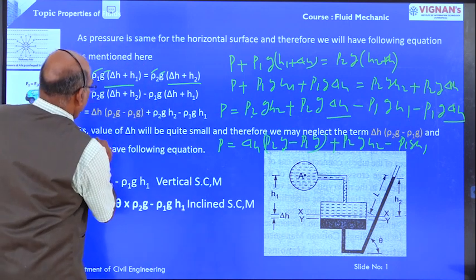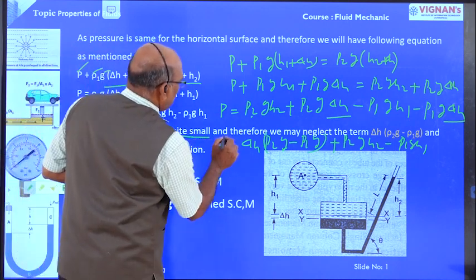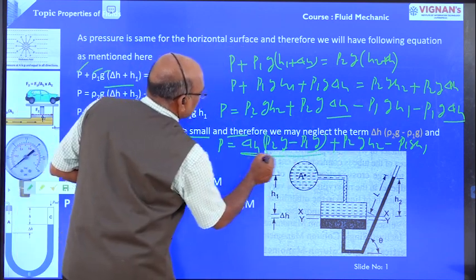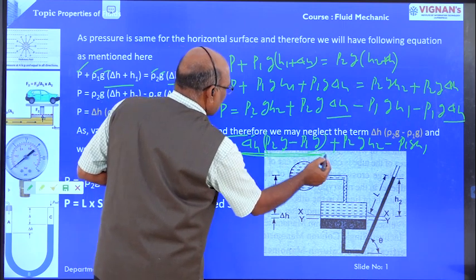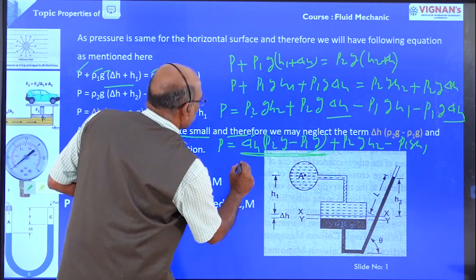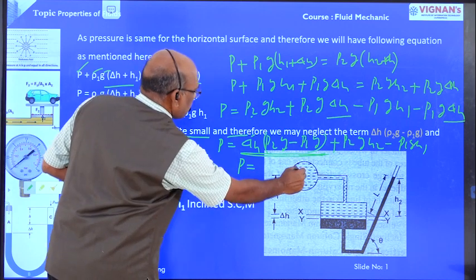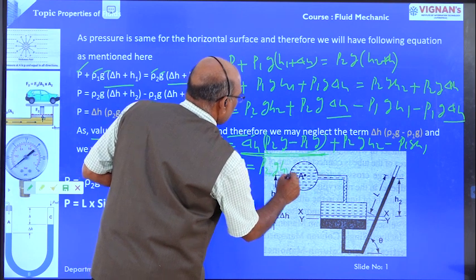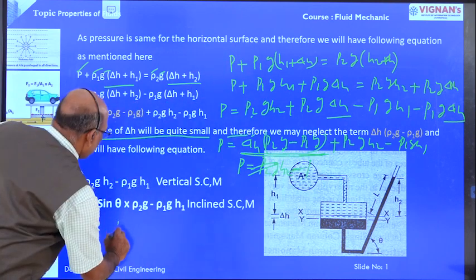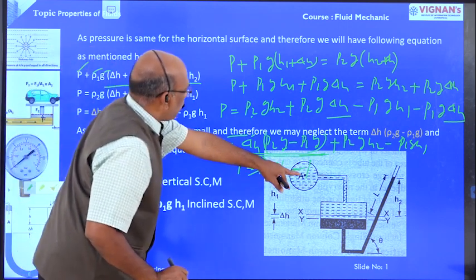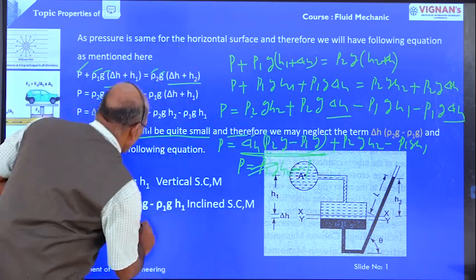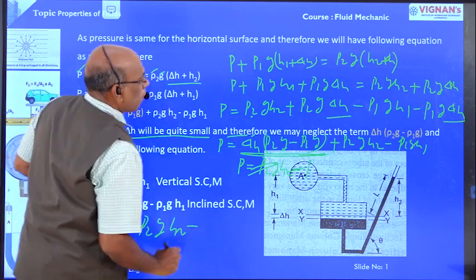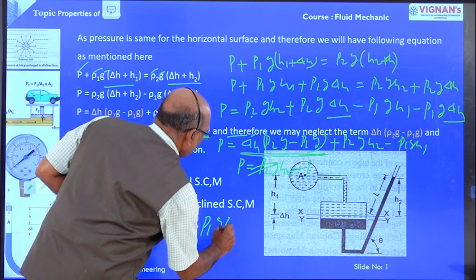But here the value of delta H will be quite small, and therefore it may be neglected. Therefore, this entire term is neglected. Finally, pressure at point A is equal to rho 2 G H2 minus rho 1 G H1.